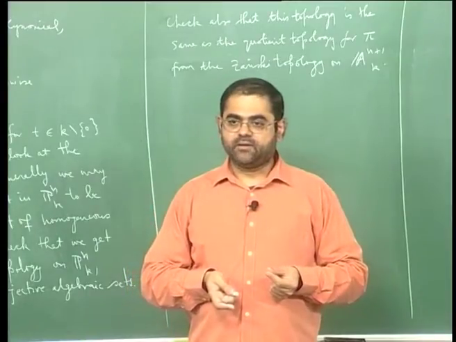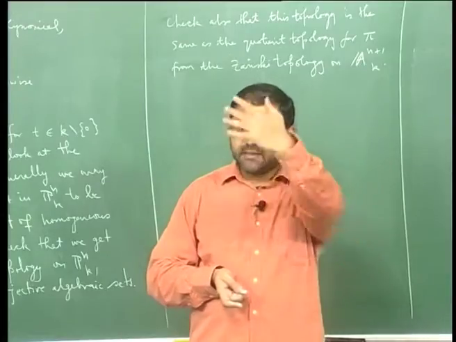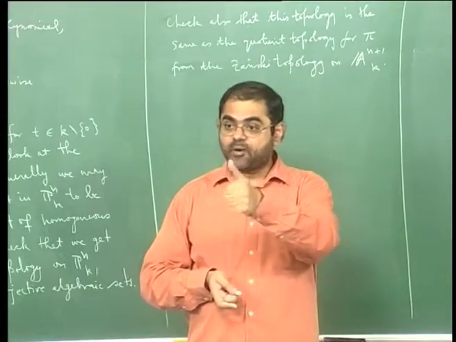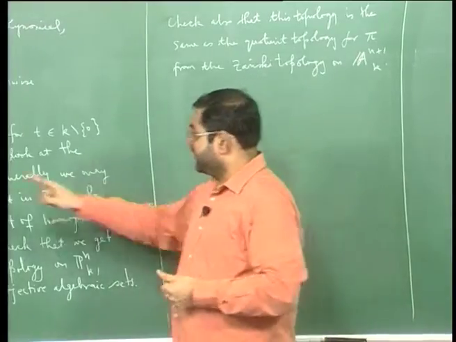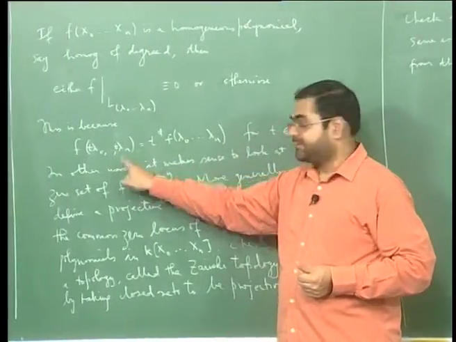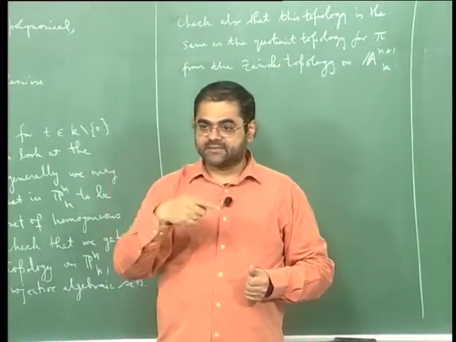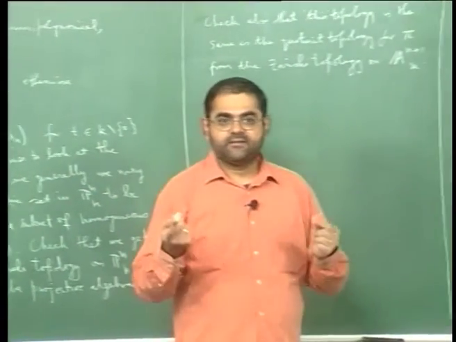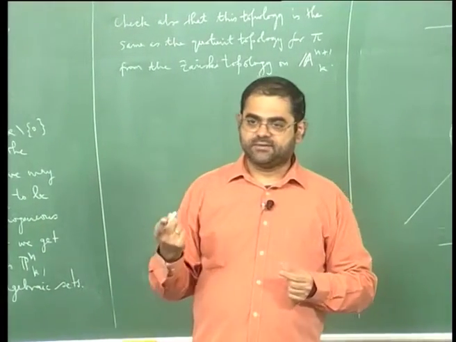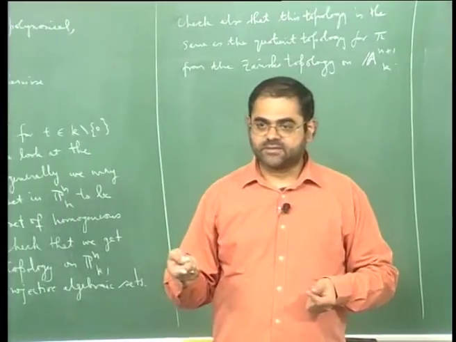If you take quotients of two homogeneous polynomials of the same degree, then that will define a proper function on the projective space, because if I divide two such polynomials, the t power d's will get cancelled if they have the same degrees. Therefore a quotient of homogeneous polynomials of the same degree will define a nice function on the projective space. Functions that look locally like this will be called regular functions on the projective space.